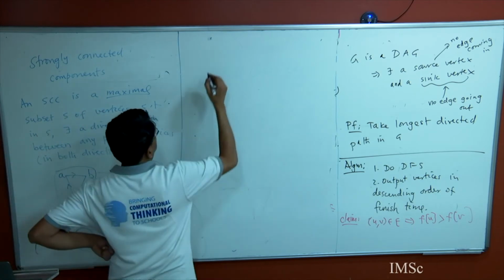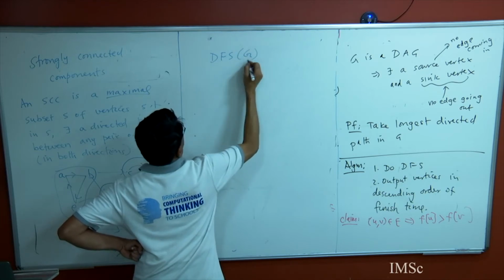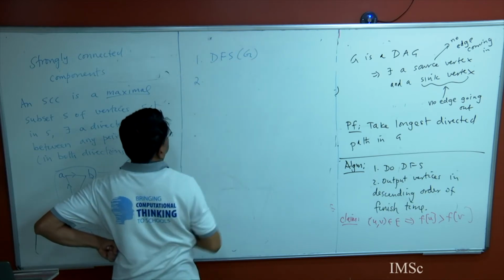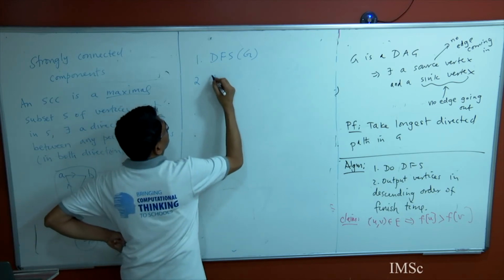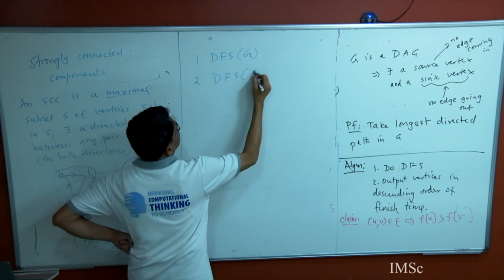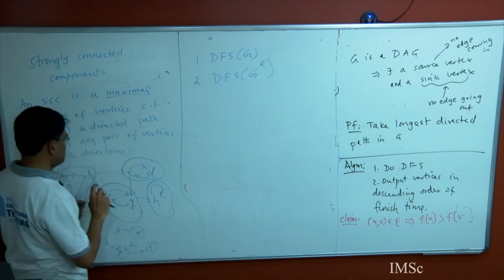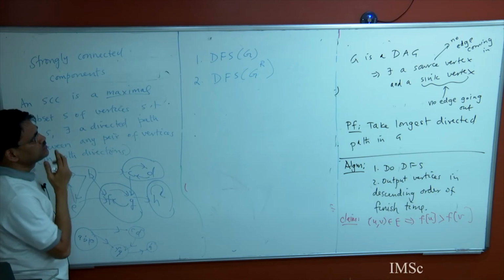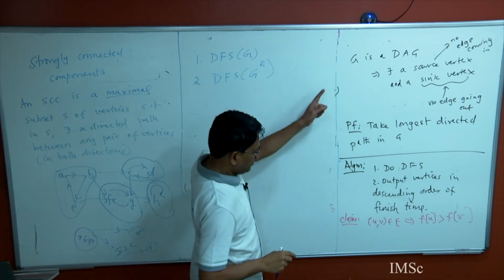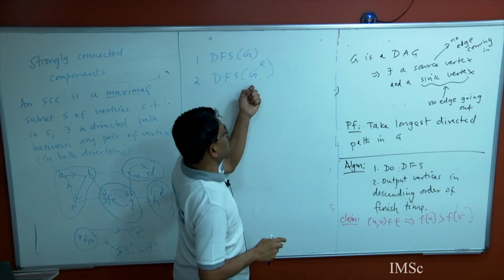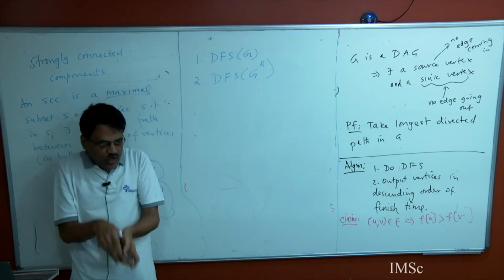What we'll do is, step 1, do a DFS of G. Then we will again do a DFS of G reverse. G reverse is basically G with every edge reversed. And we're going to do the step 1 of the DFS, where I said, look at the vertices in this order: if it's white, do a DFS visit.